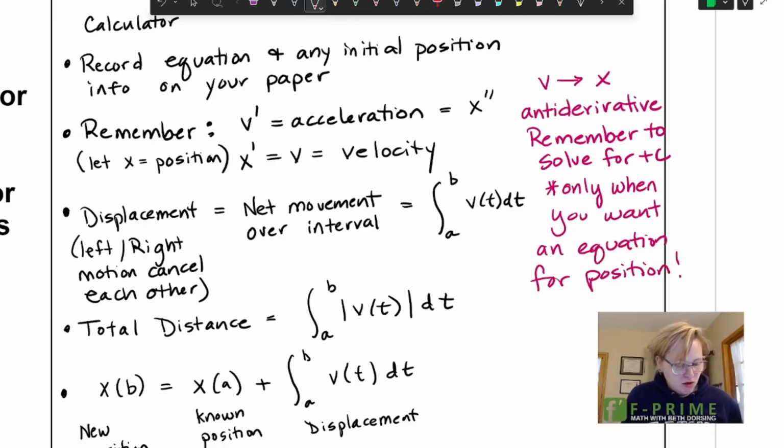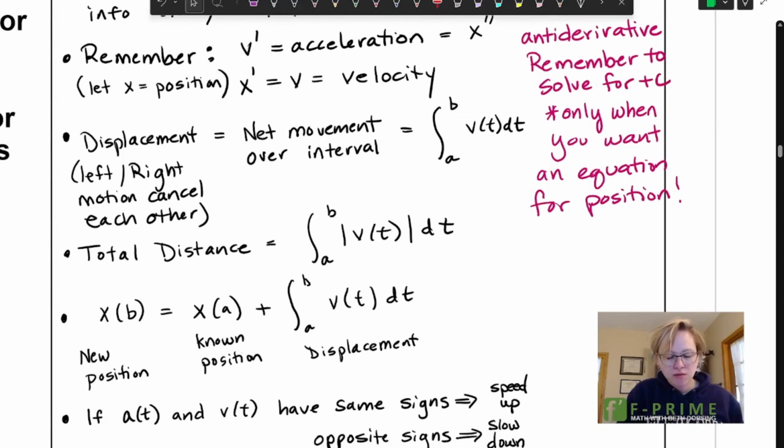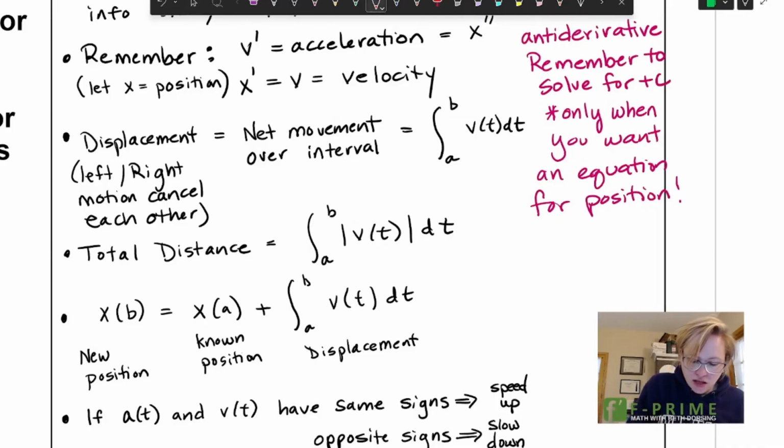Okay, so other things that you're typically going to be asked for is potentially the displacement. The displacement is the net movement over an interval. So that's simply the integral from a to b of v of t dt. And remember, when we integrate a rate, if velocity is meters per second, then when we do the integral, we turn into meters.